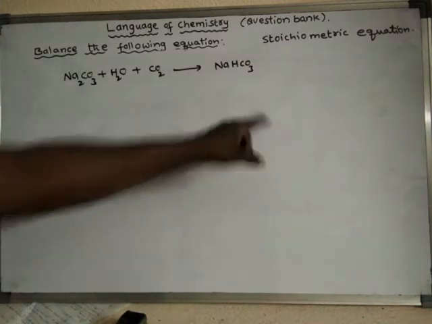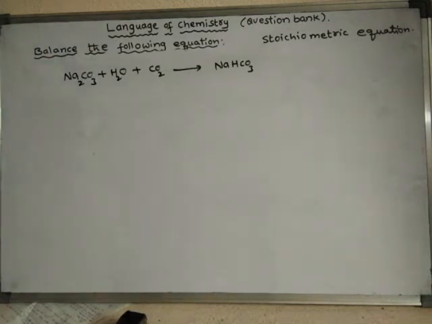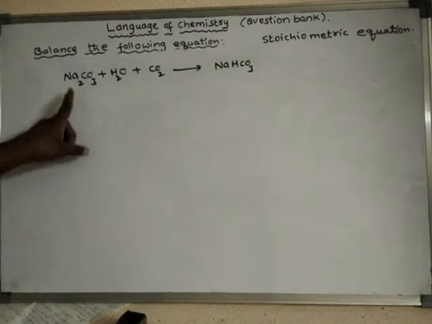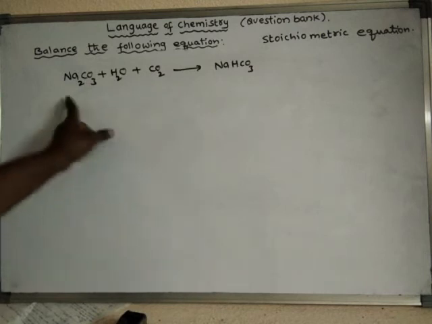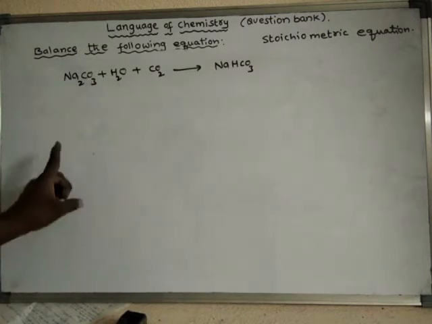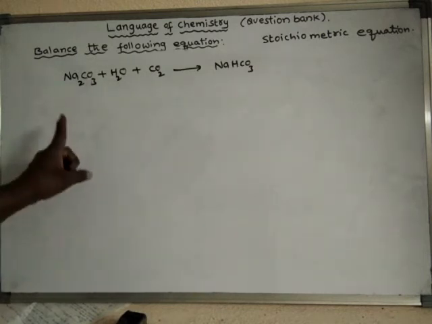So this is the equation. Now it is not balanced because here 2 sodium atoms are there, and only 1 sodium. So simply by looking at this, we can easily say that it's not a balanced chemical equation. It is a skeleton equation.